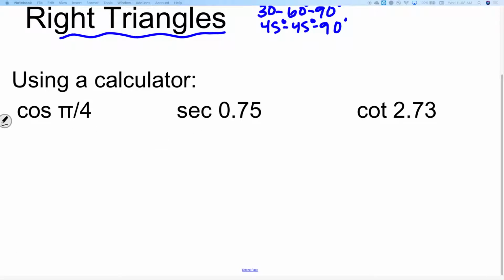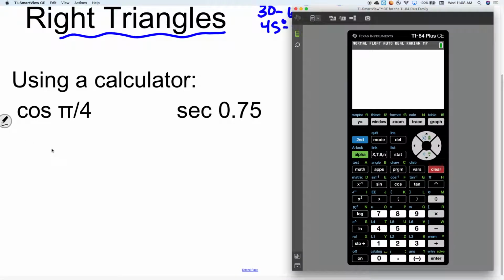One thing that you'll have to pay attention to when you're asked to use a calculator, and when you later get into solving problems, is notice the angles that I have provided for you. Those angles are in what units? Those are radians. Your calculator actually has two modes, a radian mode and a degree mode.